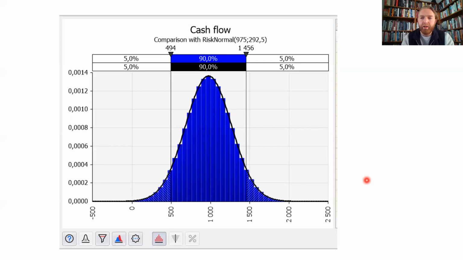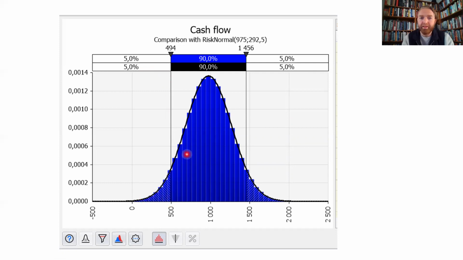So here we illustrate graphically the simulated distribution for cash flow, where if you follow this line here, that's the line associated with 5%, the fifth percentile, if you will. And so to the left of this line, you have 5% of the probability mass, meaning that there is indeed a 5% chance of going below this level.